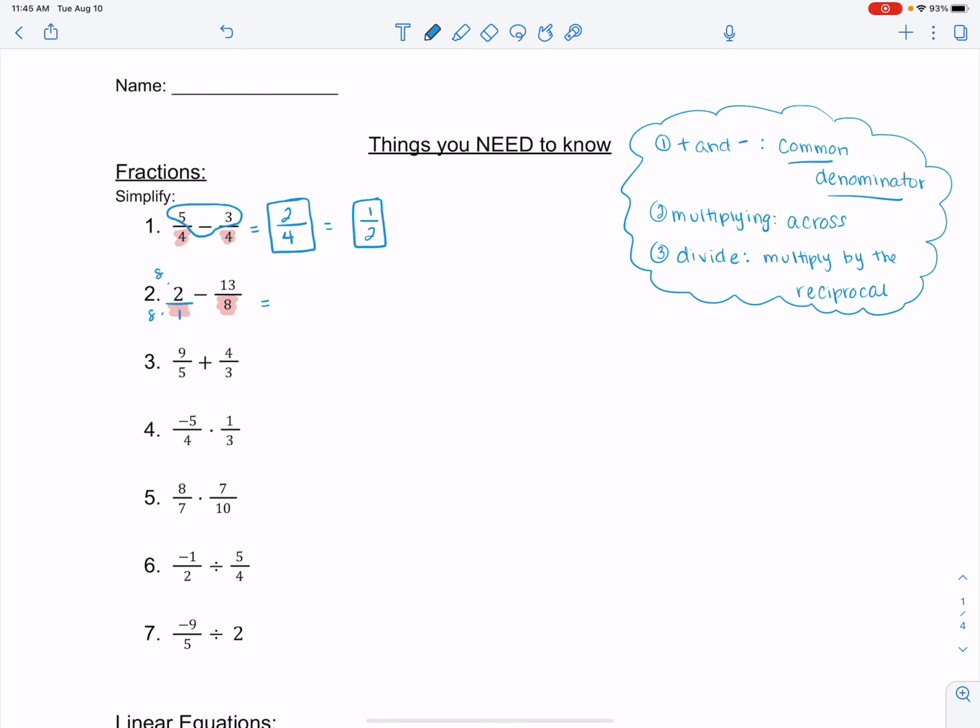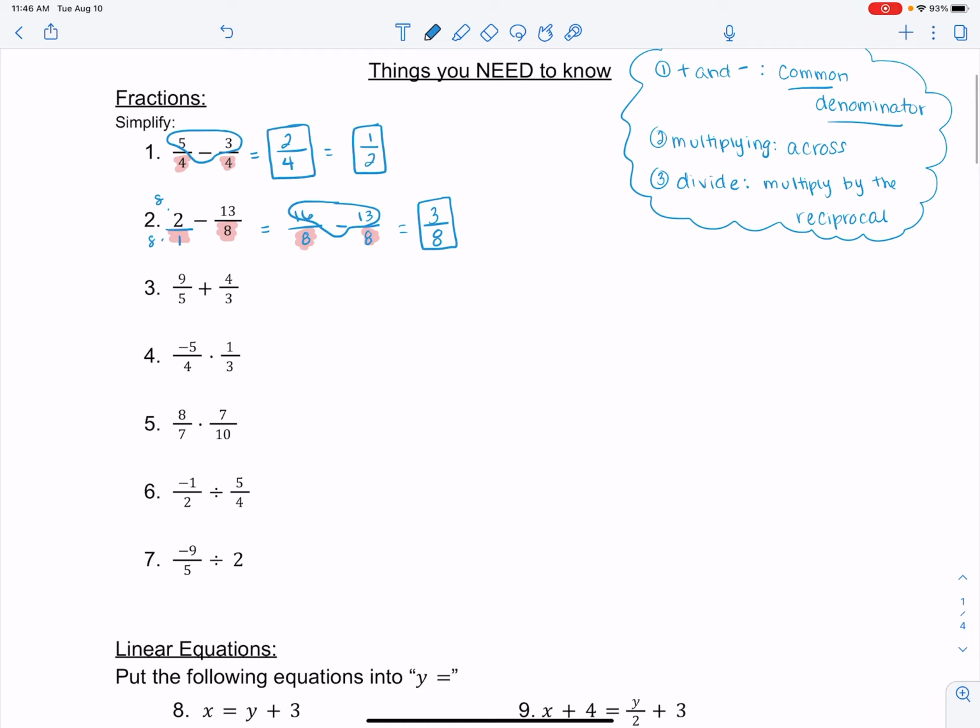So really what you have here is 8 times 2 is 16. 8 times 1 is 8. So 2 whole is really 16/8 minus the 13/8 we were given. Now our denominators are the same, so I can subtract the numerators. So keep the denominator. 16 minus 13 is 3. So your answer is 3/8.